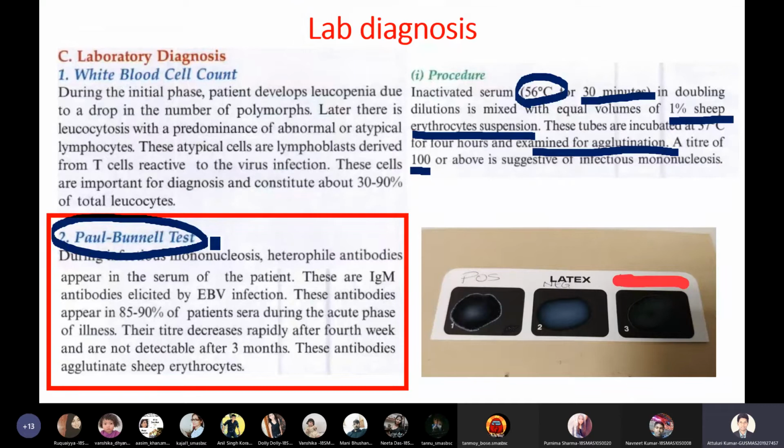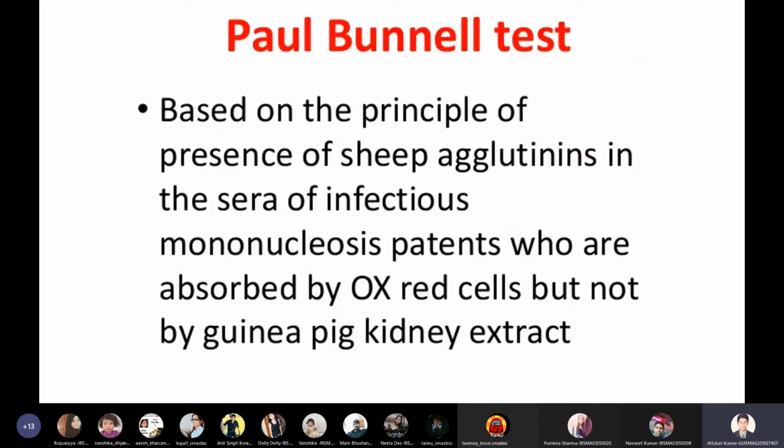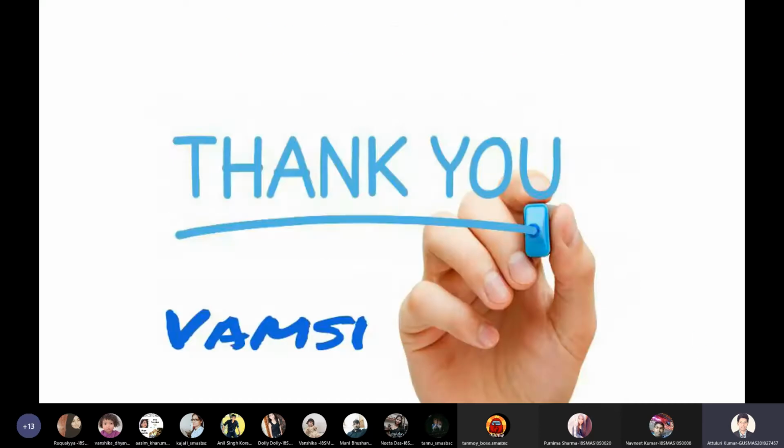This is the specific serological test for detection of Epstein-Barr virus infection in the patient serum. The Paul-Bunnell test depends upon the principle of agglutinating sheep red blood cells when we subject them to the serum of the patient.